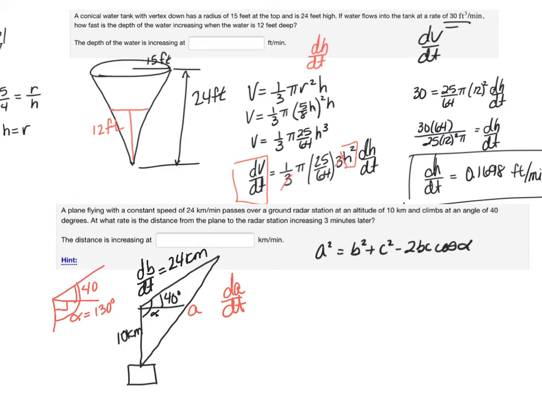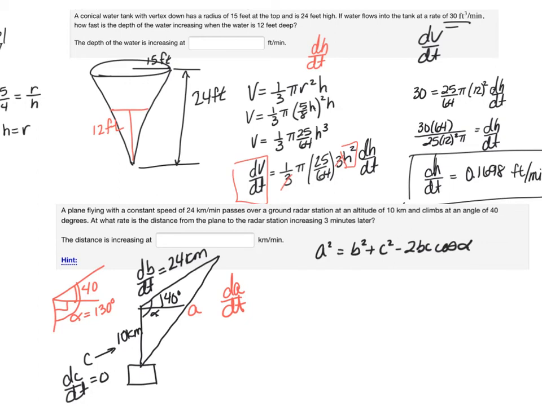And then this value right here, we're going to call this C. Well, dC/dt is going to be 0 because that is 10 kilometers, it isn't going to change, so its rate isn't changing.